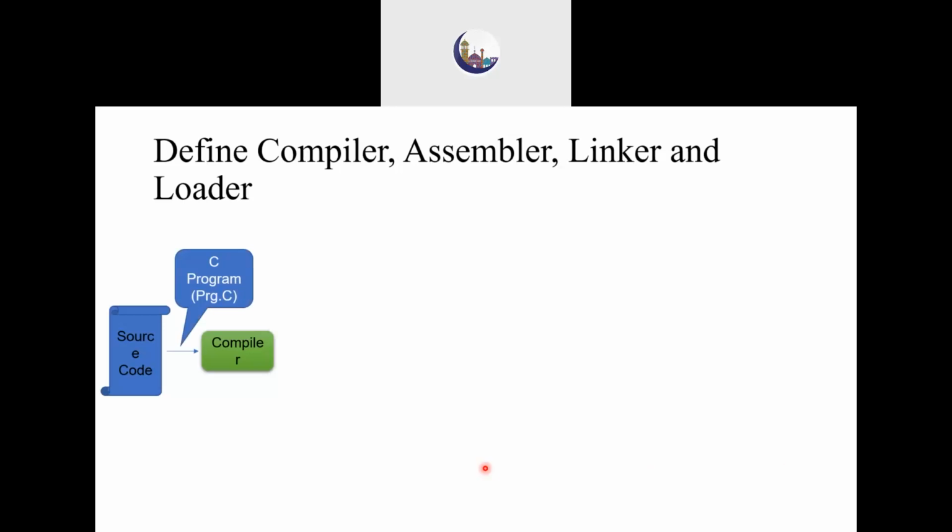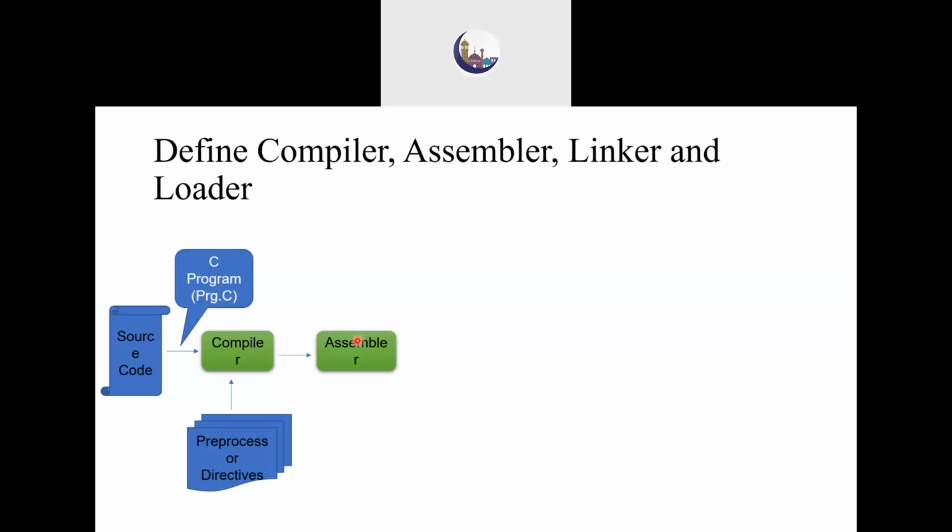This compiler will take the C language prg.c, combine it with its preprocessor directives, check the syntax, and get to know whether there is any error or not. If there is any error, it will let us know what the error is. Once we resolve the error and compile again, once prg.c is free of all errors, it will pass it on to the assembler.